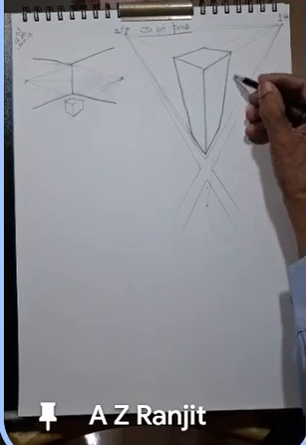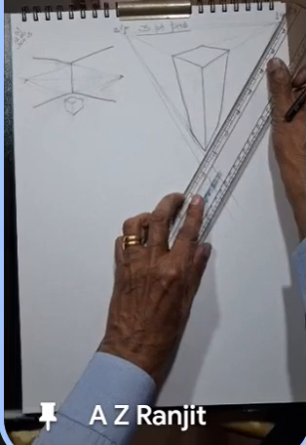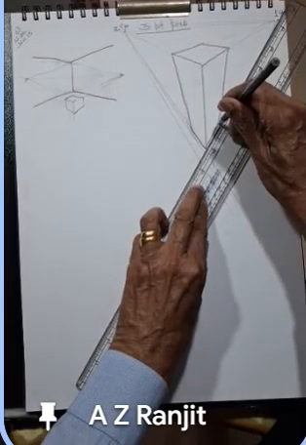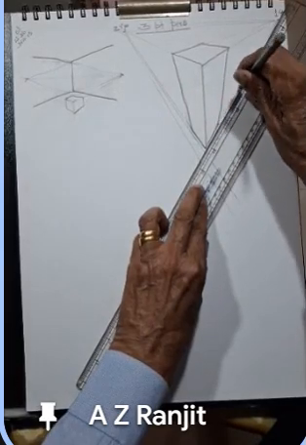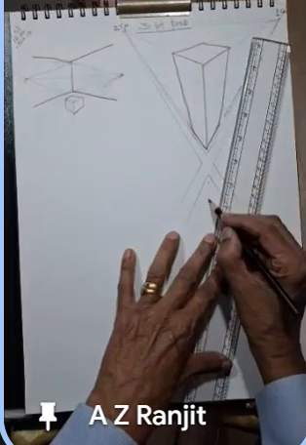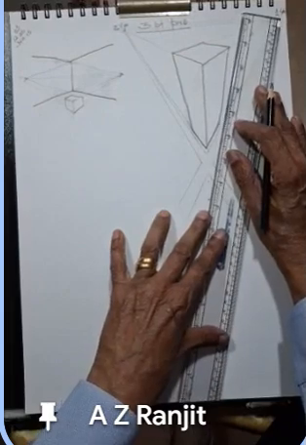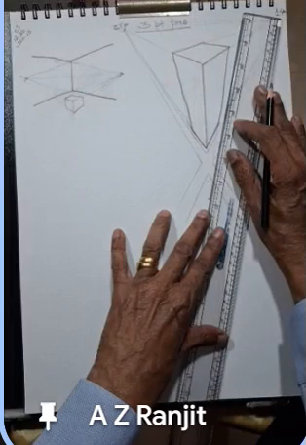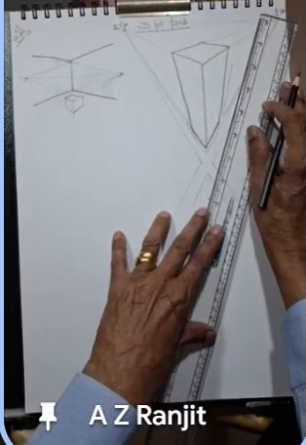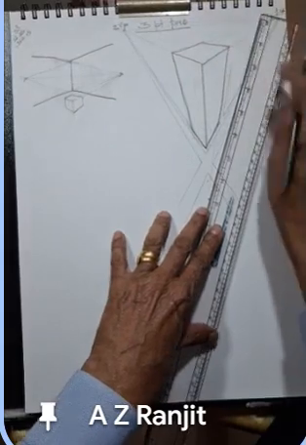If there is a building here, we'll just say there is a building here. That's the vanishing point, right? This building will go like that.